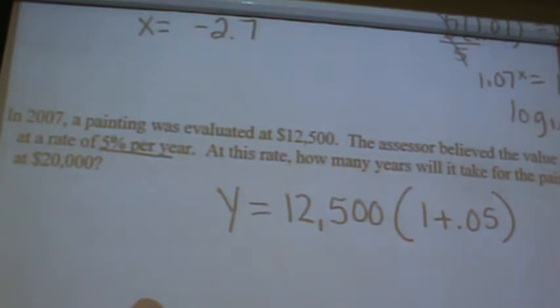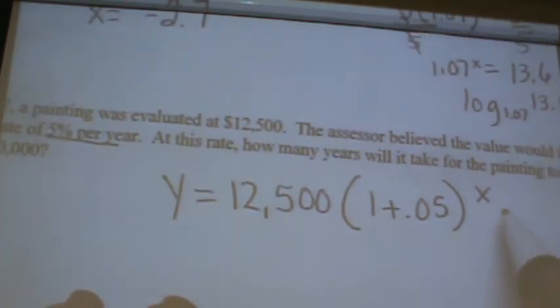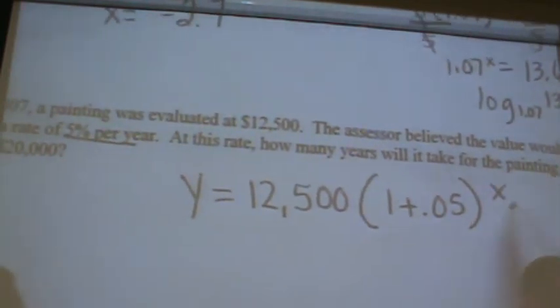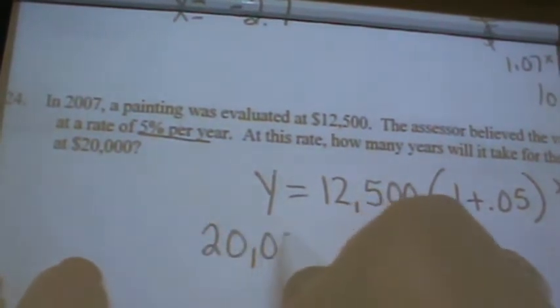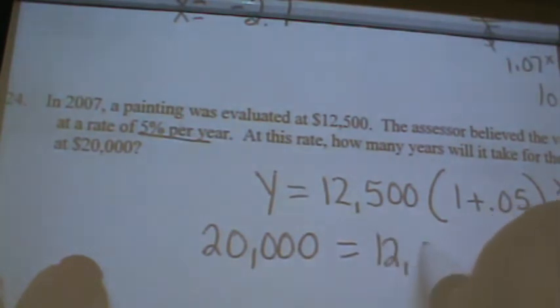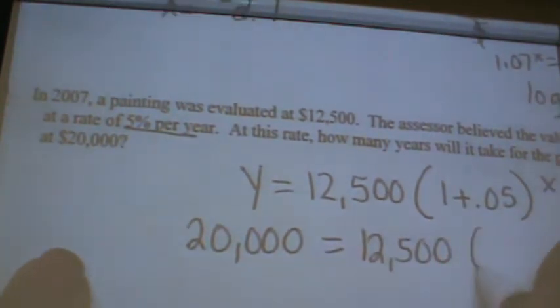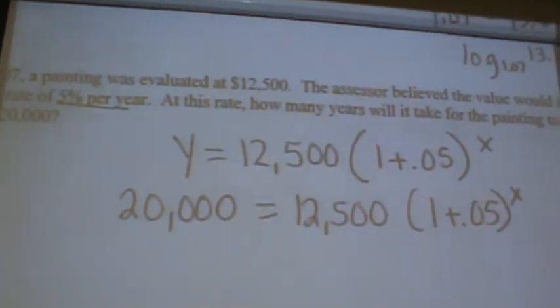I want to know in how many years, so I need to figure out is this painting going to be worth 20,000? So I'm going to put 20,000 here. So how would you do this?